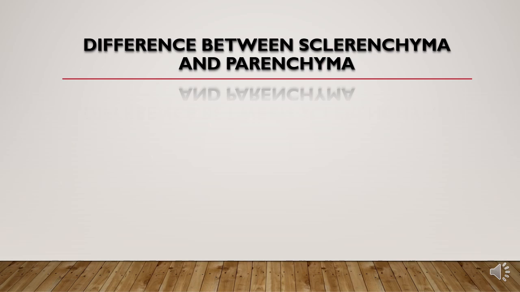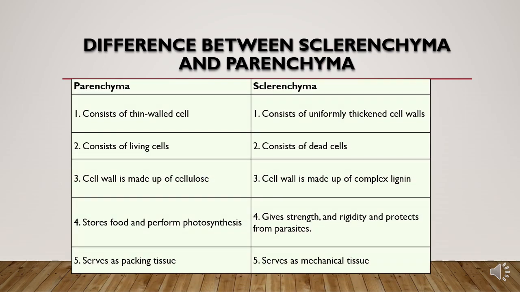We need to discuss the differences between the parenchyma and the sclerenchyma, because they do look alike, but they have certain differences you're supposed to know. The parenchyma consists of very thin cell walls, which is different from the sclerenchyma, which has very thickened cell walls.